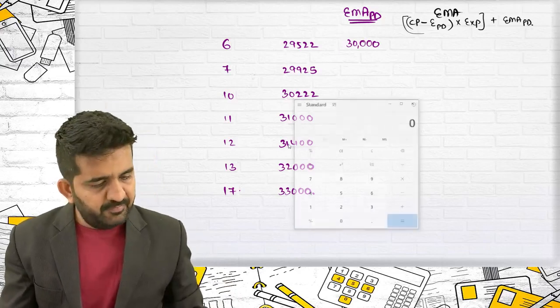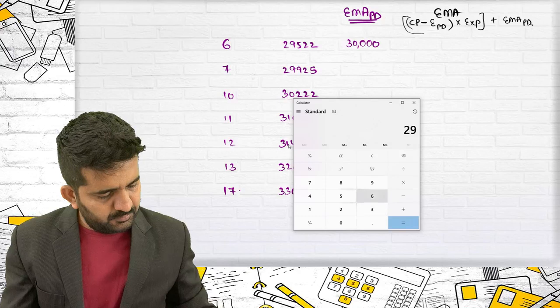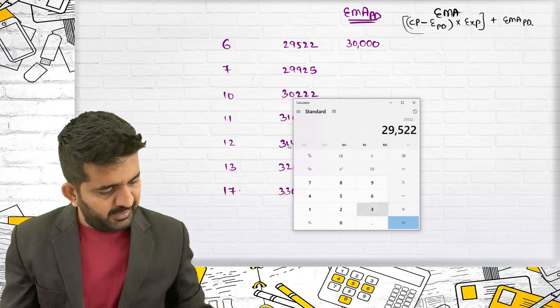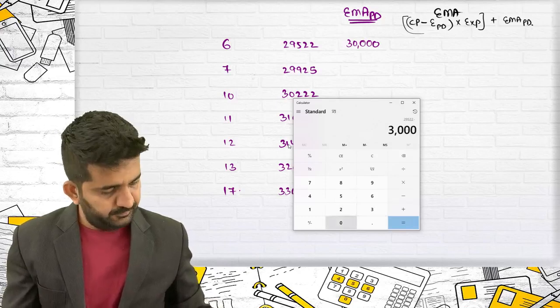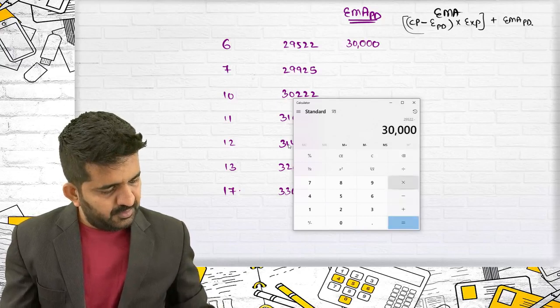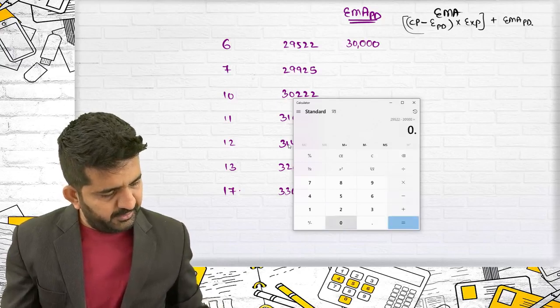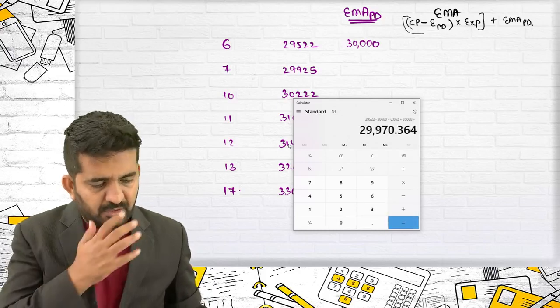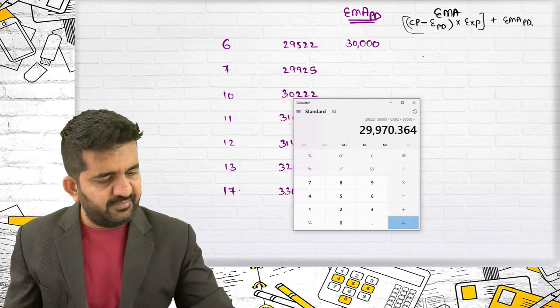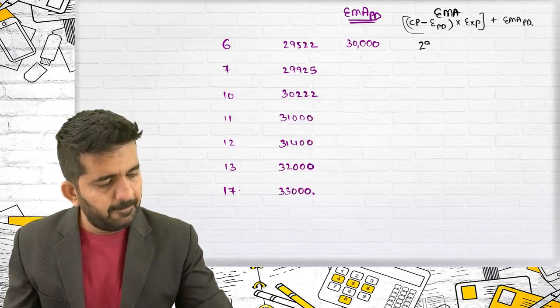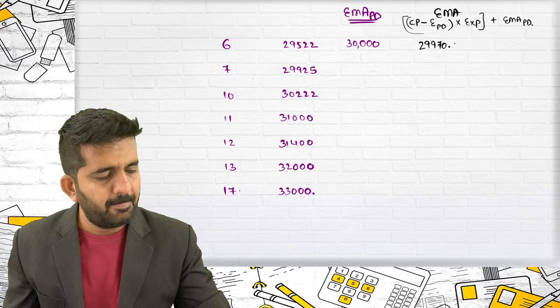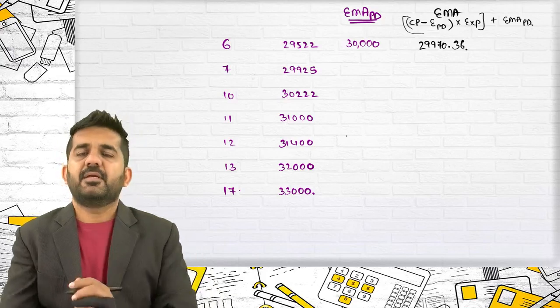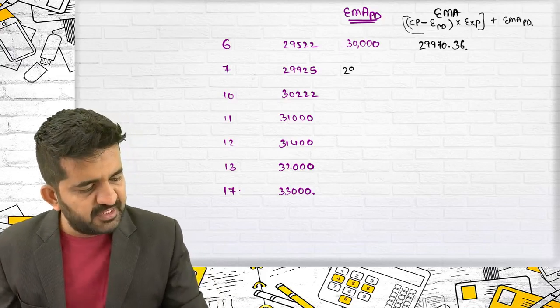Which will be 29522 minus 30,000 multiplied by 0.062 plus 30,000. It is 29,970.36. This will become previous day EMA.